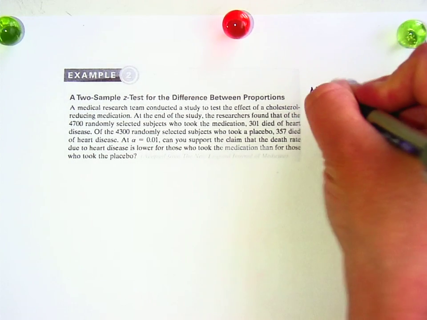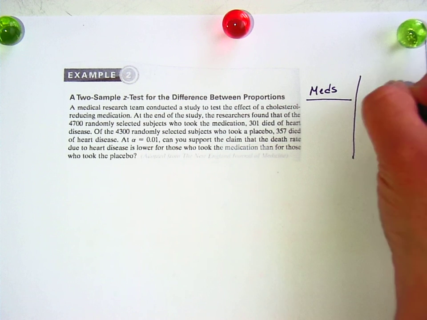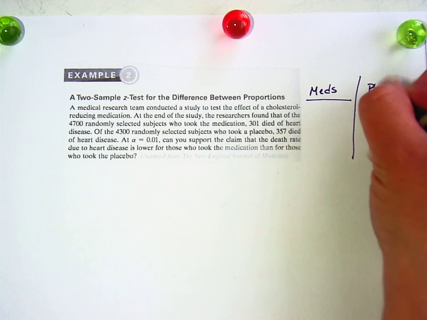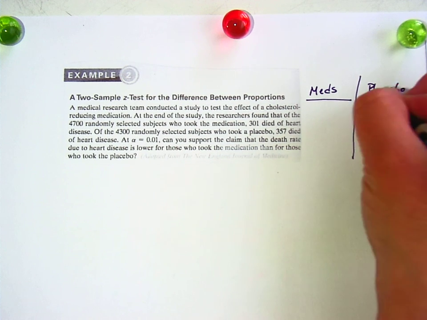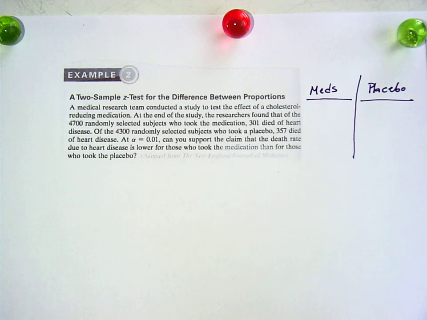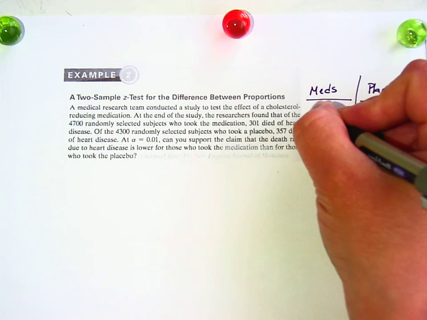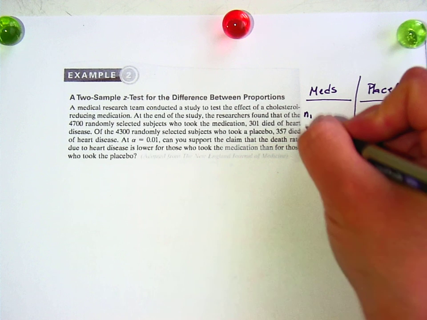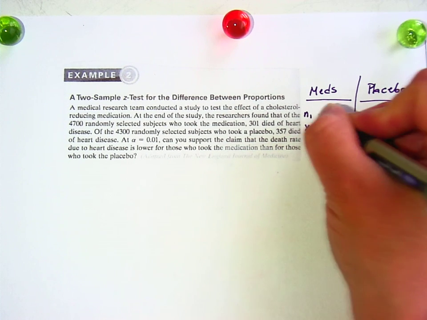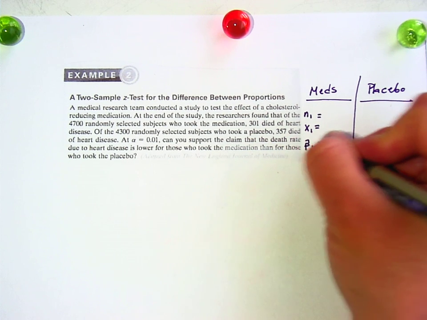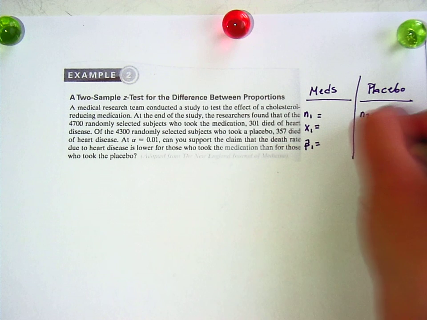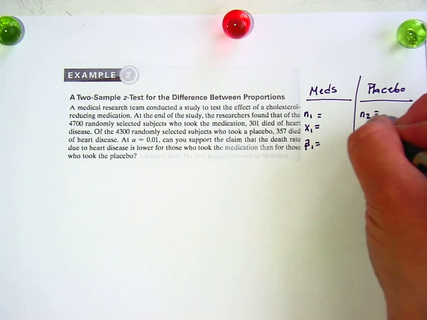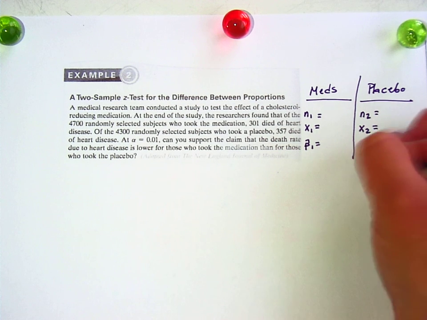So, on this one, we're going to write out some information first. All right, so we got meds and the placebo. For the meds, I think this time they talk about X first. I'm going to call the placebo N2 and the meds N1.